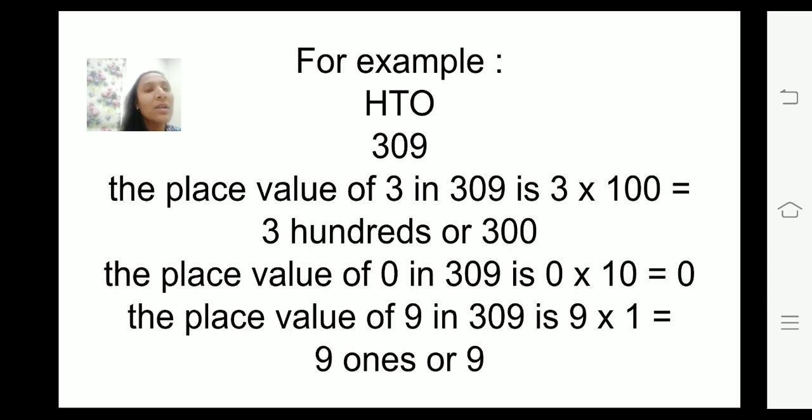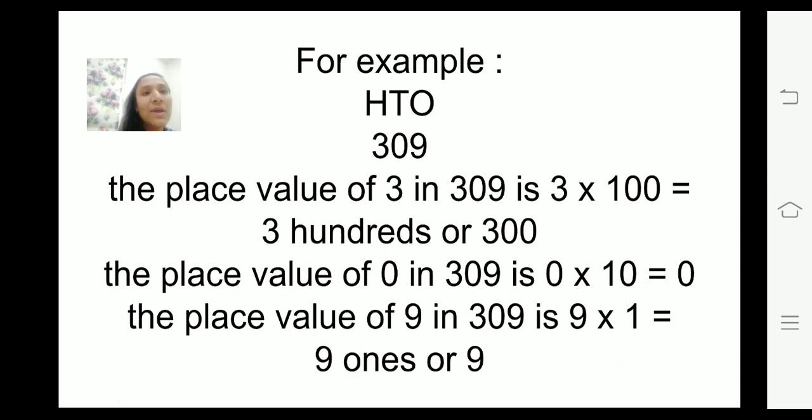Let us take another 3-digit example. The number is 309. The place value of 3 in 309 is 3 into 100, which is equal to 300. The place value of 0 in 309 is 0 into 10.